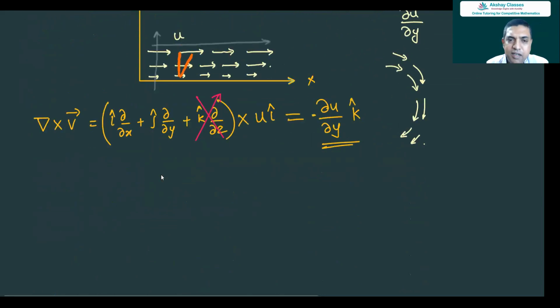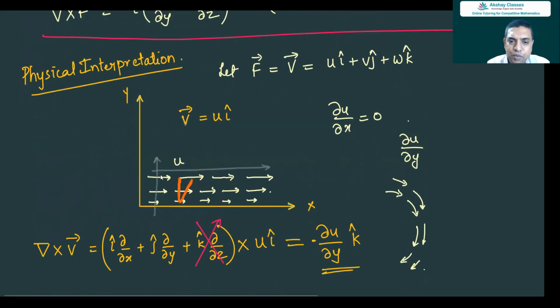Now the same curl can be experienced further, and we can have many changes. U need not be constant along x. Right now, if we move in this direction, u is constant. U can keep increasing with x, then your curl values will change again.